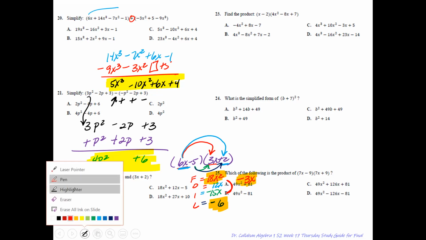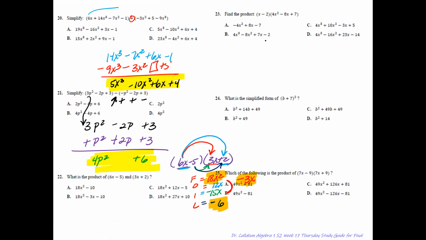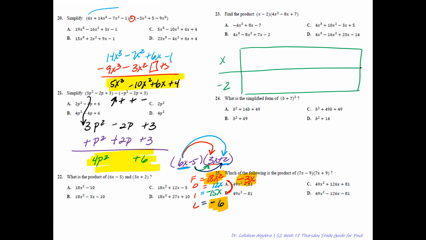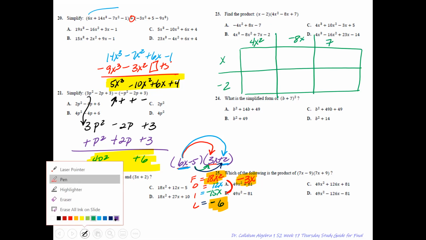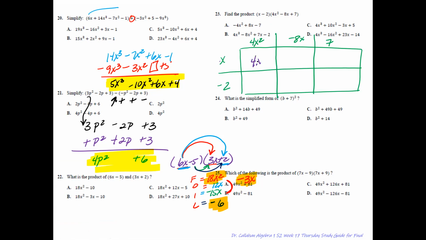Okay, last one. Let's go over number 23. For number 23, you want to make a little chart with this one. Okay, so x minus 2 is right here, and on top, we're going to have 4x squared, negative 8x, and 7. So let's just fill the boxes. x times 4x squared is 4x cubed. x squared times 4x squared, and then times negative 2, gives negative 8x squared, negative 8x squared, positive 16x, 7x, and negative 14.